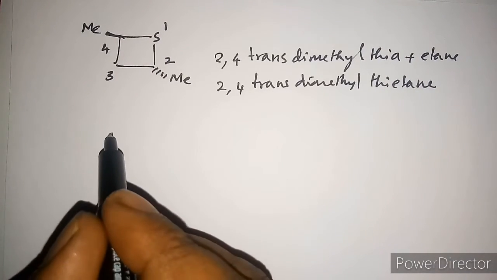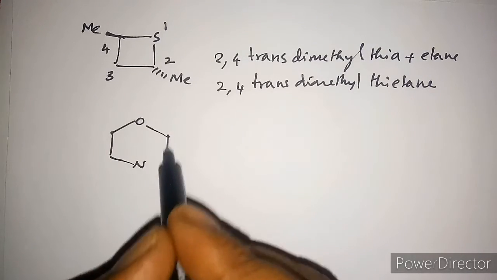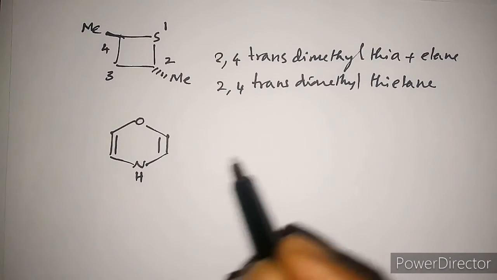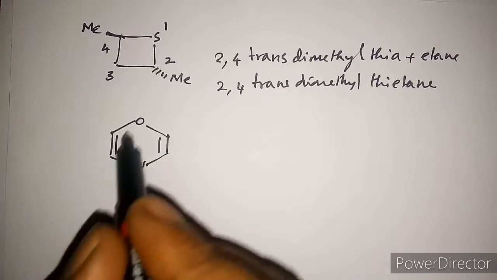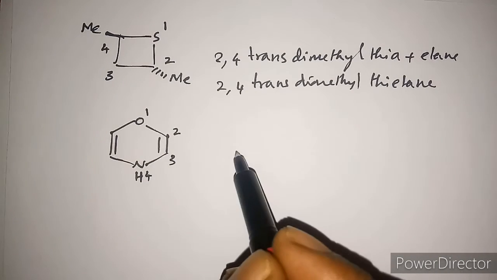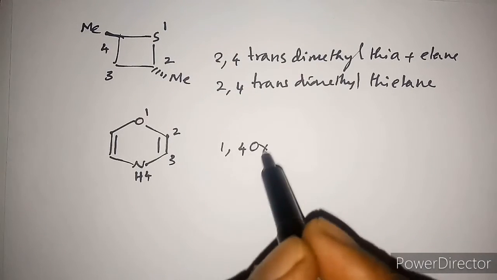Another example, with oxygen and nitrogen H. It contains two heteroatoms, so 1 with the oxygen, then 2, 3, 4. So it will be 1,4, oxa first.